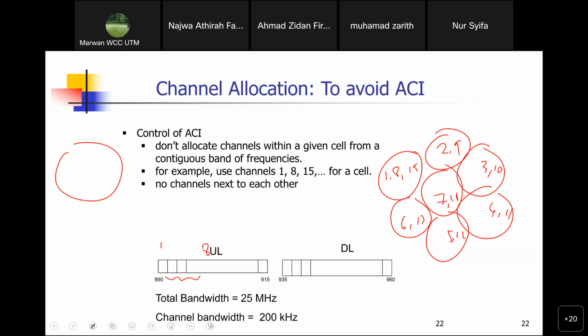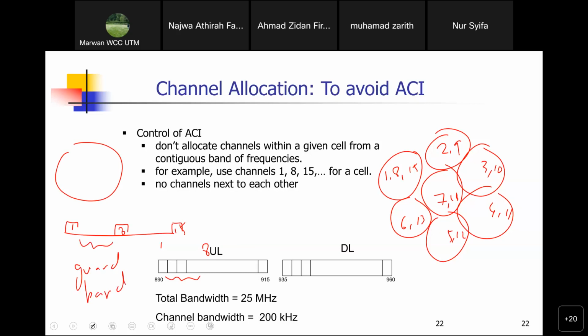The frequencies that we use are frequency 1, frequency 8, frequency 15. What does it mean? It means that we have a guard band. We make the guard band as big as possible. That is normally how we deal with adjacent channel interference. We don't use our adjacent channel in the same cell.